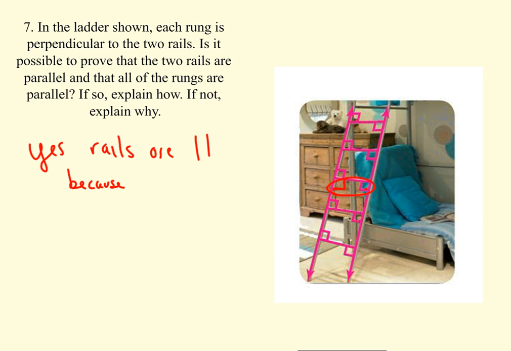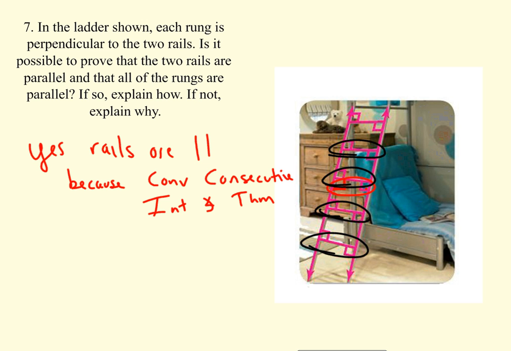So that's going to be the converse of the consecutive interior angle theorem. All right. Now the flip side of that is, are all these things parallel to each other?